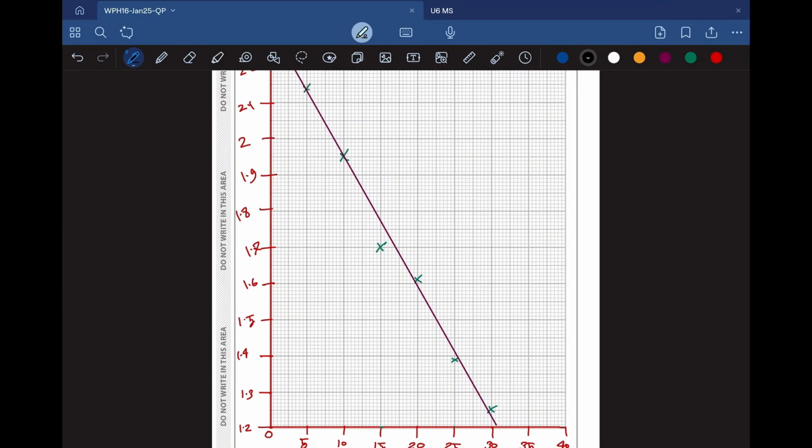We can actually take it from here and then extend it, not like this actually.